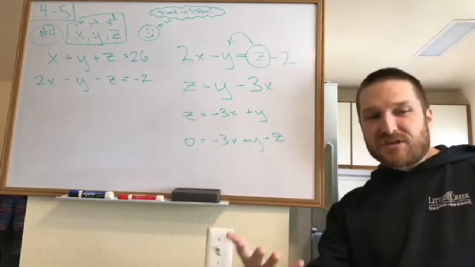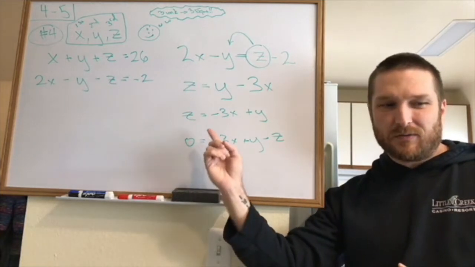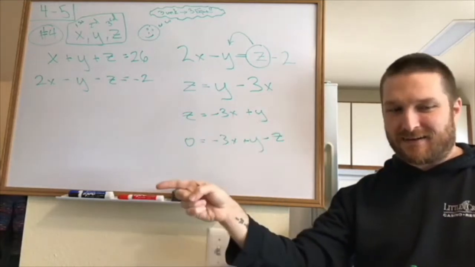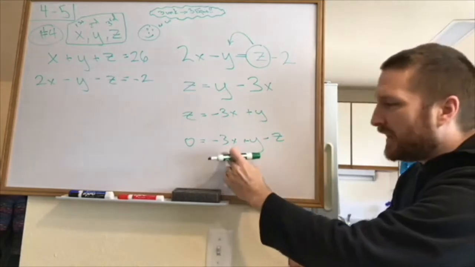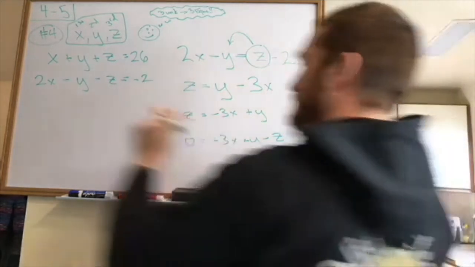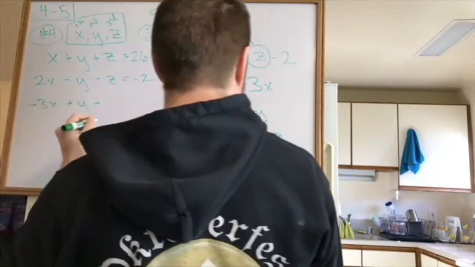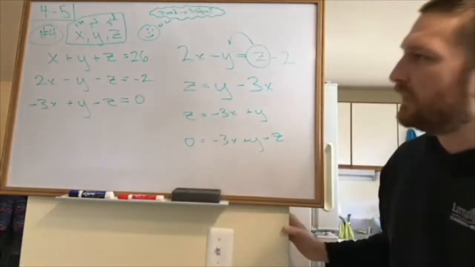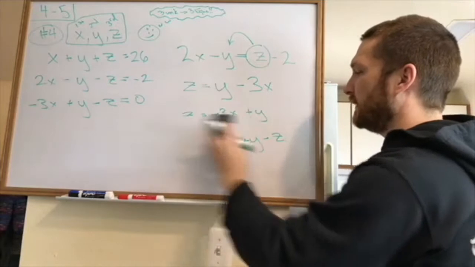And for calculation purposes, it just makes more sense to say, well, right here, why don't I just move z to that side instead of moving two things to that side? But whatever, right? So right now we have minus 3x plus y minus z. So minus 3x plus y minus z is equal to 0. And now I have my system. So I'm going to get rid of the work we've done.